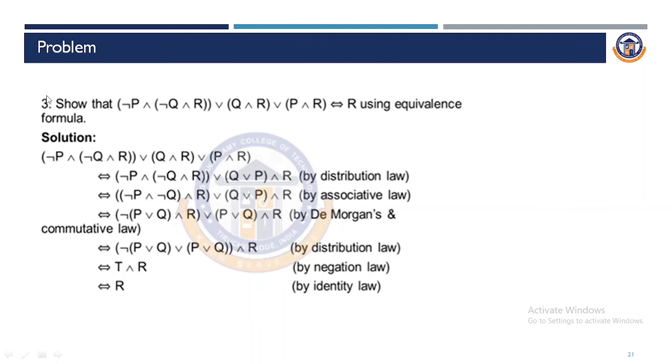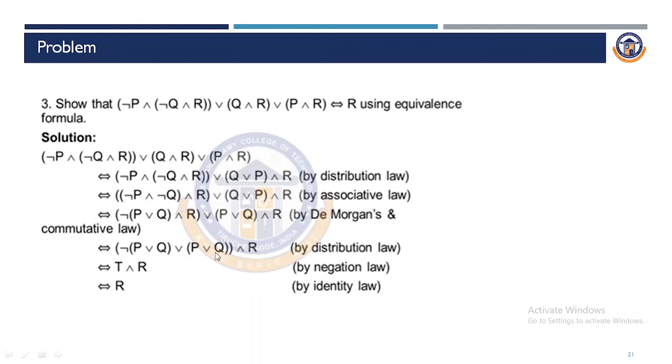Here and R, so in between R, therefore using distributive law, Q and R, P and R. Here and, so using associative law, negation P and negation Q and R. Here also and R, take also by using distributive law, remaining term is negation P and negation Q or Q or P. Here using commutative law, Q or P is negation P or Q. Using De Morgan's law, negation P and negation Q is negation of P or Q. Right?